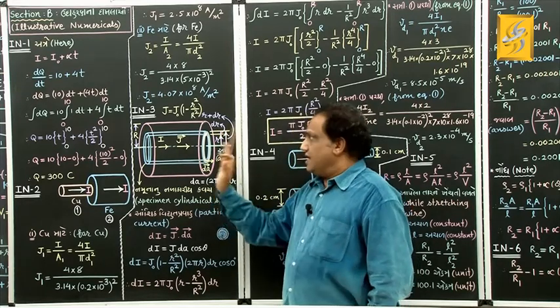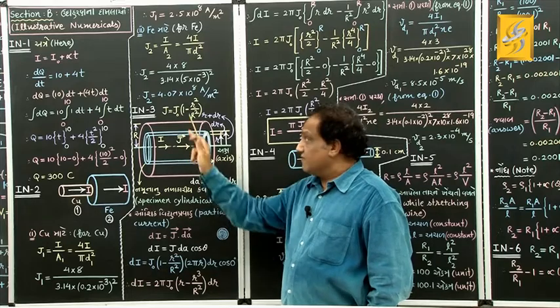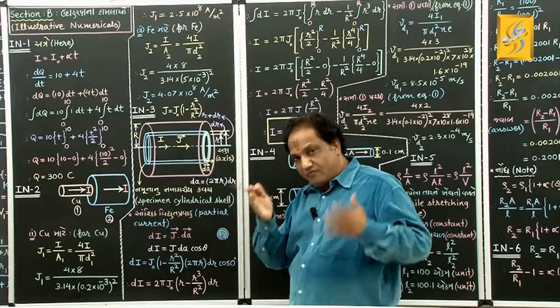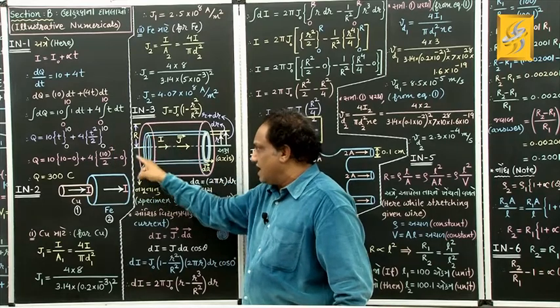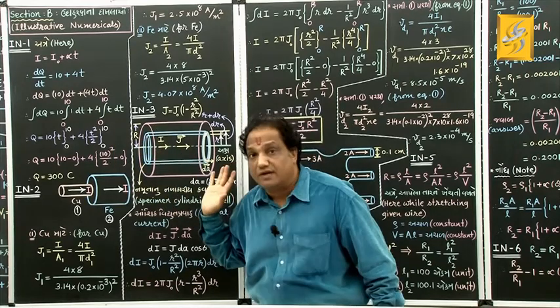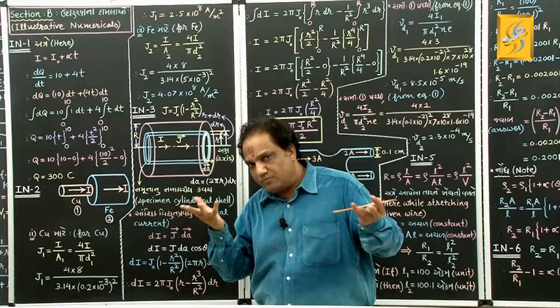If electric current density is given by this formula, then we are asked to find the total electric current passing through this entire cross section of this cylindrical conductor. How to find? I am showing you.